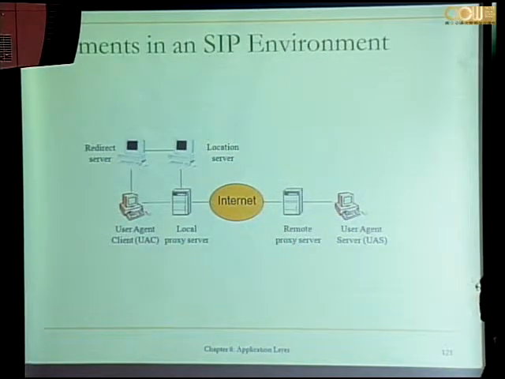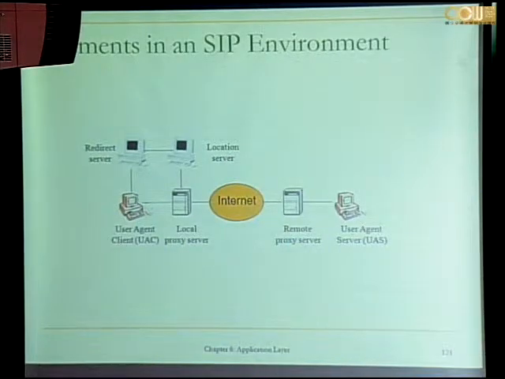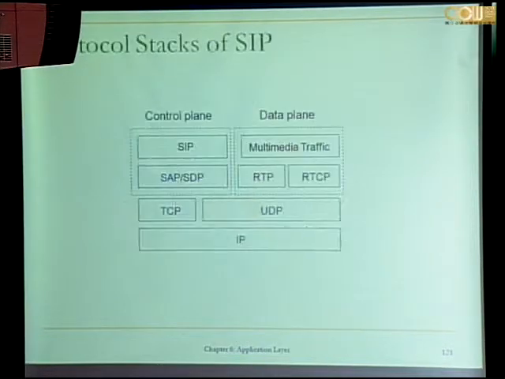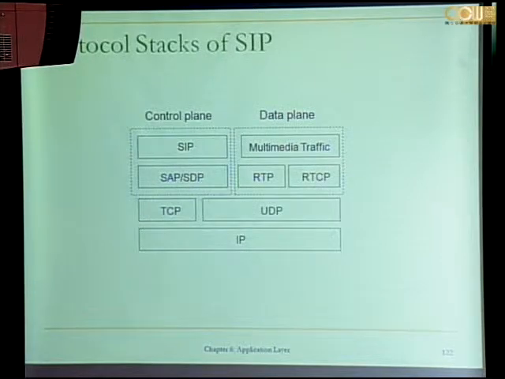So if you are a caller, you need to identify the callee. Then you need to query the location server or redirect server. So the protocol message is much simpler, in that you have SIP as the only control plane. I mean, for signaling, for call setup.